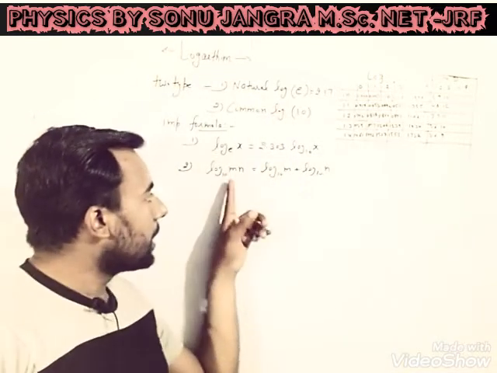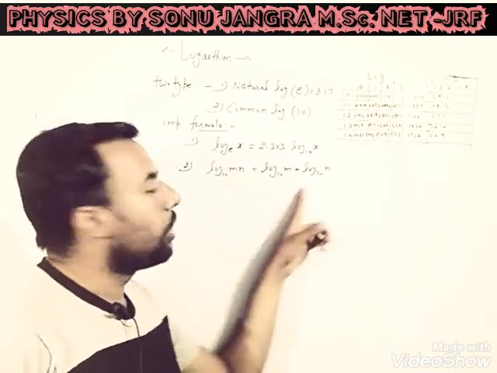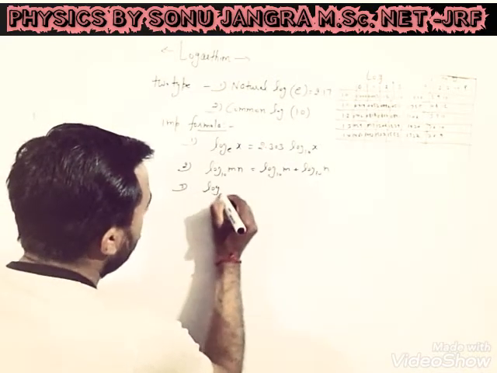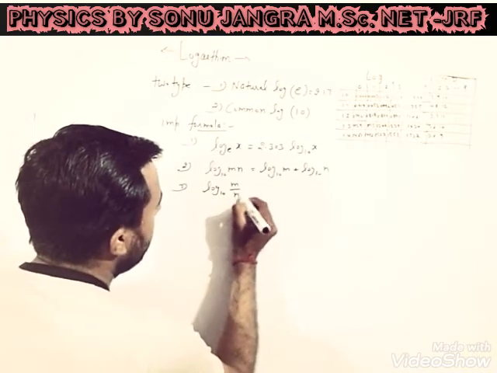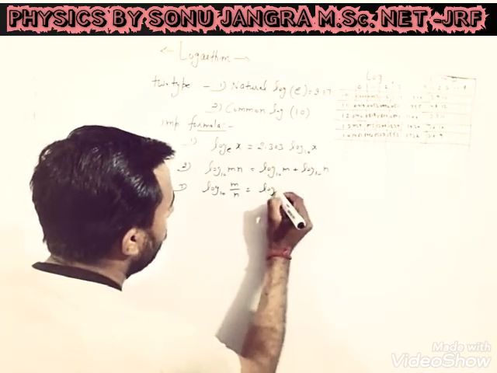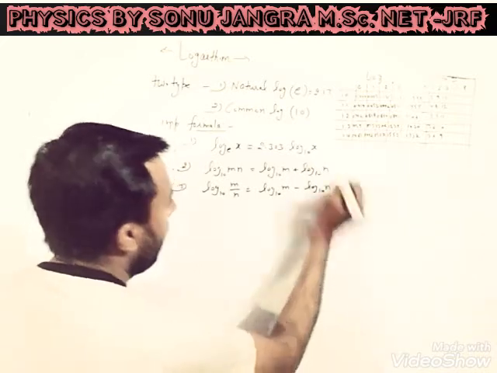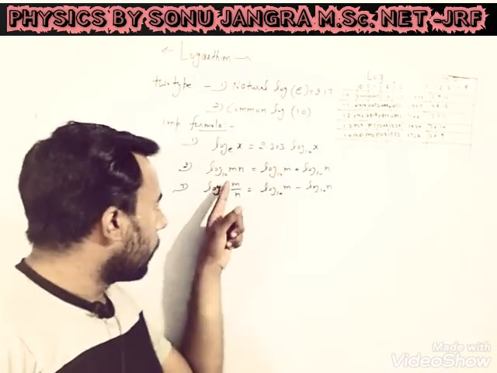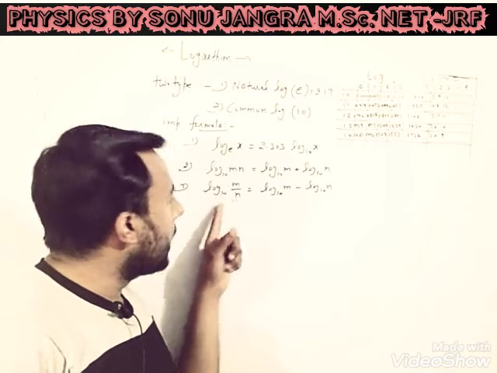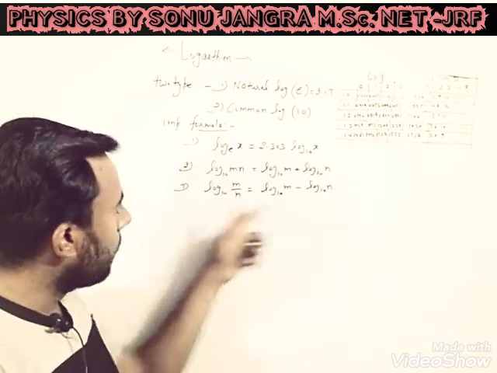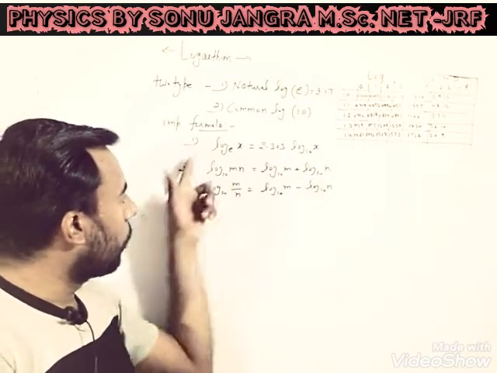The multiplication sign is changed into the plus sign. And the third formula is log 10 of m by n, which is equal to log 10 of m minus log of base 10 of n. The divide sign is changed into subtraction. These are the two most important formulas used in logs to find the log values.